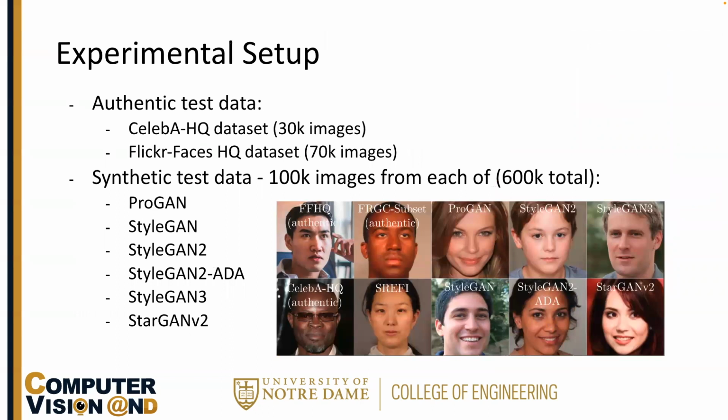Our experimental setup involved 100,000 authentic images across 2 public datasets and 600,000 synthetic images across 6 different GAN sources, only one of which is available during training. So 5 of these GAN types were unseen during training, hence the open-set synthetic face detection approach.